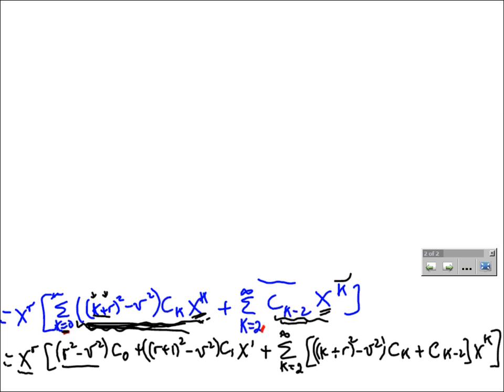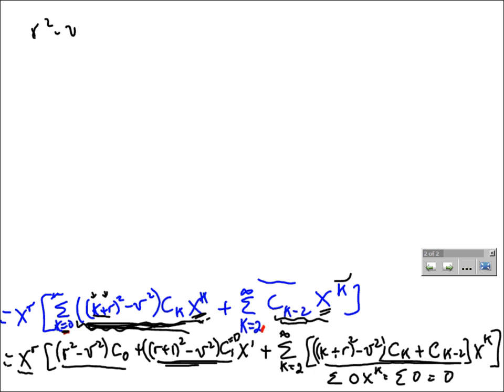So I want this to be 0, this to be 0, and for this to always be 0. If I'm adding up 0 times x to the k, that's always 0. I'm just adding up zeros from 2 to infinity. You add a lot of zeros, you get 0. Now, if I let c1 equal 0, everything's fine.